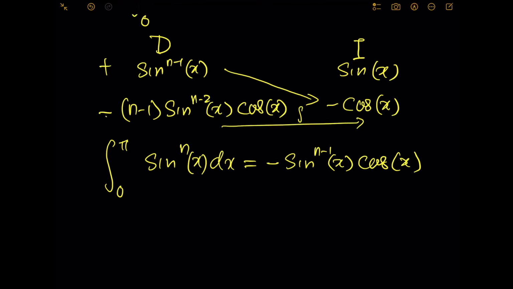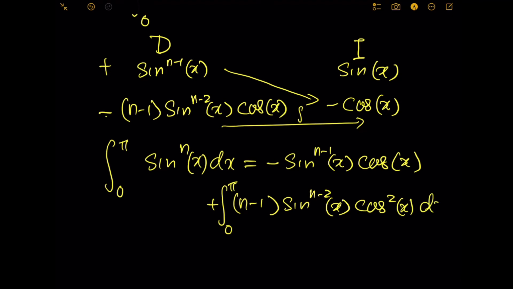So there are two negatives here, which become positive. So plus integral 0 to pi n minus 1 sine n minus 2x multiply cos power 2x dx. The range for this term is 0 to pi.